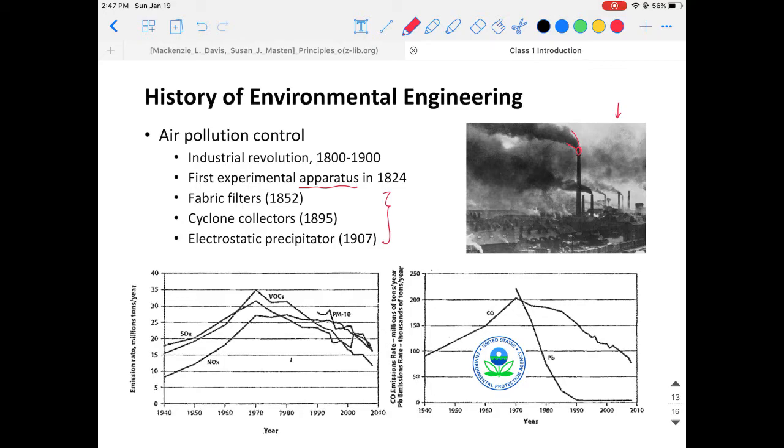It includes the NOx, which is short for nitrogen oxides. VOCs means volatile organic compounds. PM is particulate matter, so these are the suspended particles in the atmosphere. And here you also have carbon monoxide.